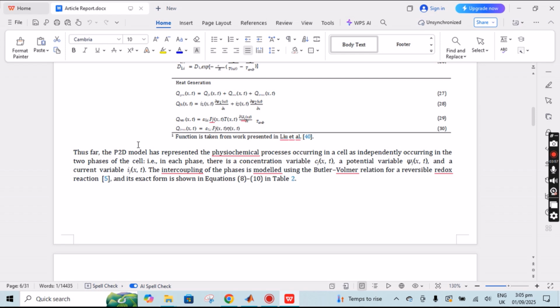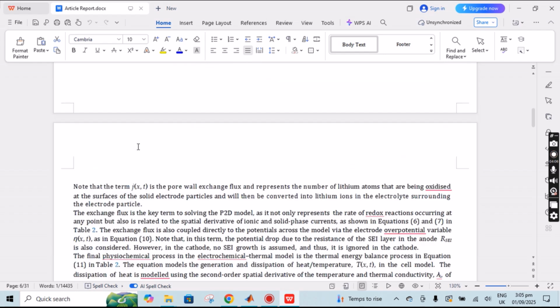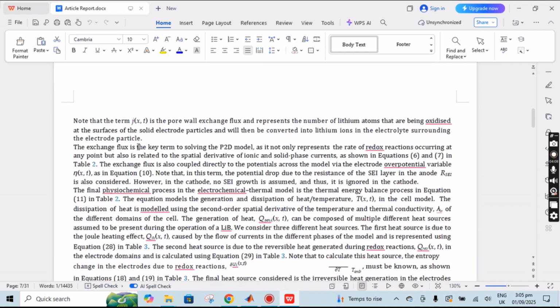The first phase provides the Butler-Volmer equation, and the second phase is the redox reaction. The exchange flux is basically the key for solving the P2D model. The exchange flux means the redox reaction occurring at any point, but it is also related to the spatial derivative of the ionic and solid phase currents.